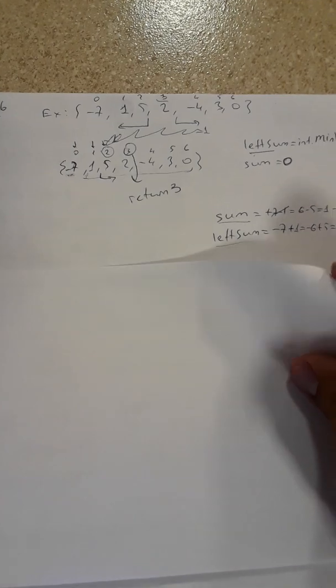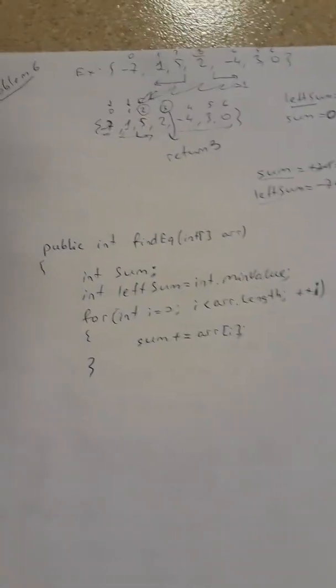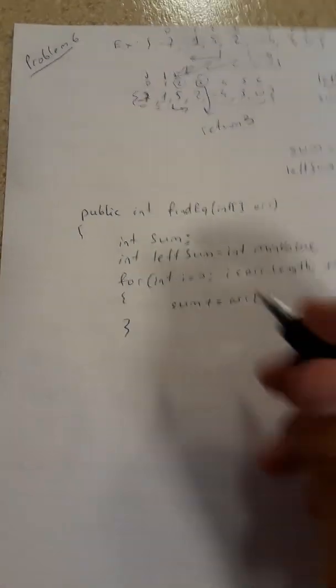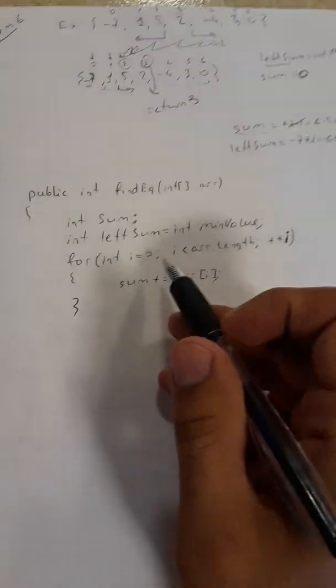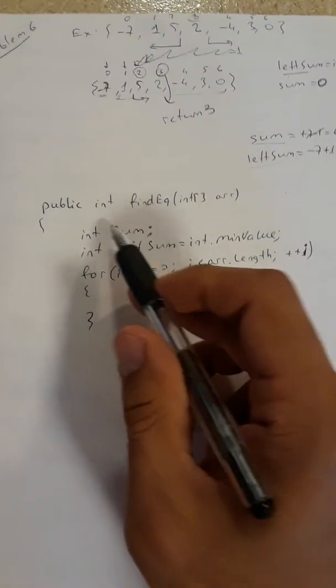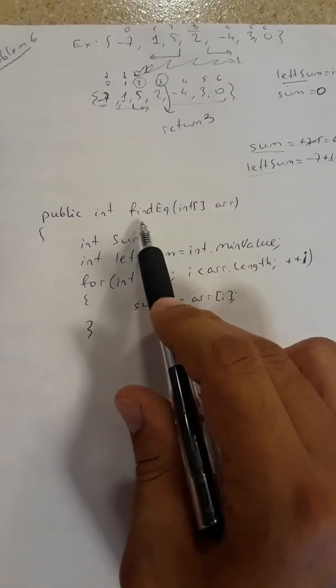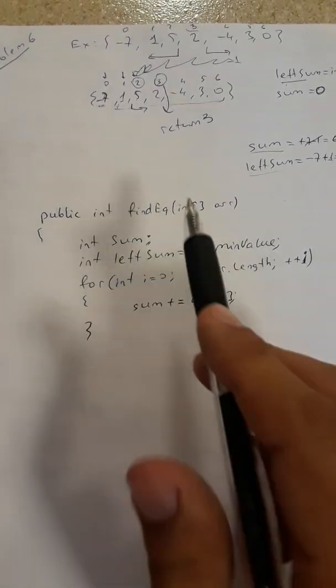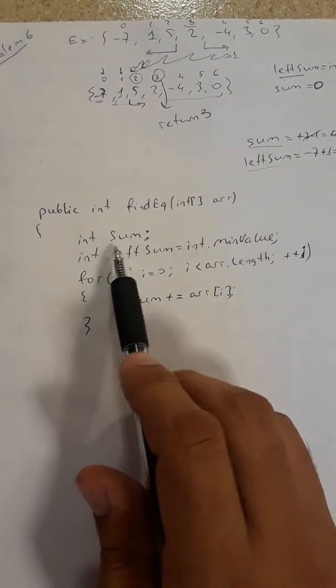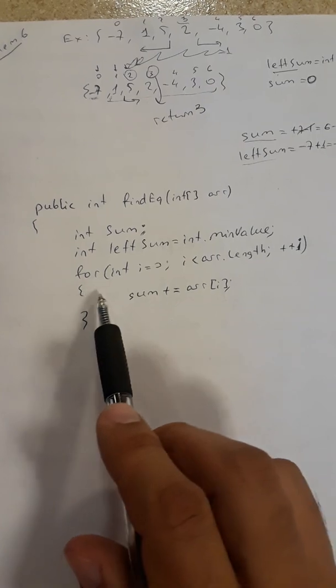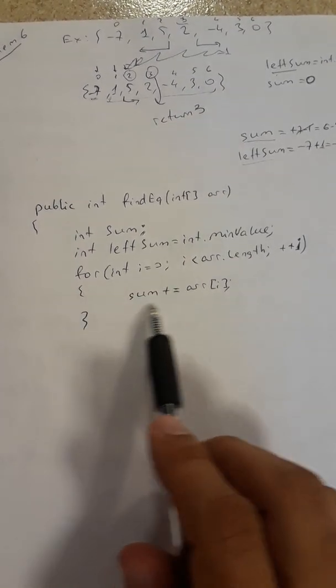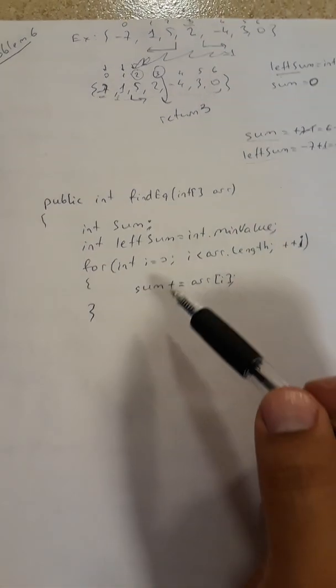So how is it going to look in our code? I just wrote down some code in advance to speed up our process. I call it findEq, returning an integer, and I declared sum and left sum. So I already run a for loop just to add all elements to the sum.